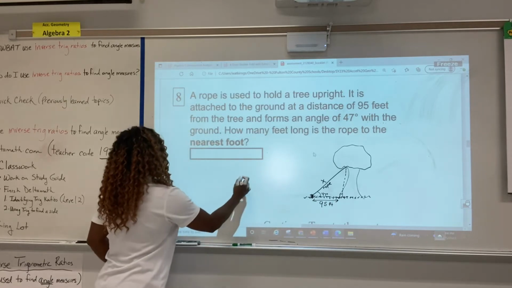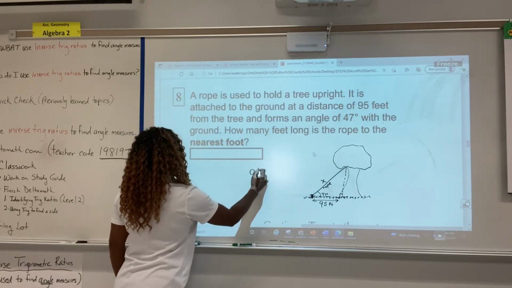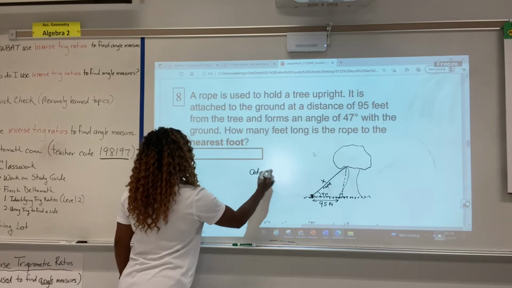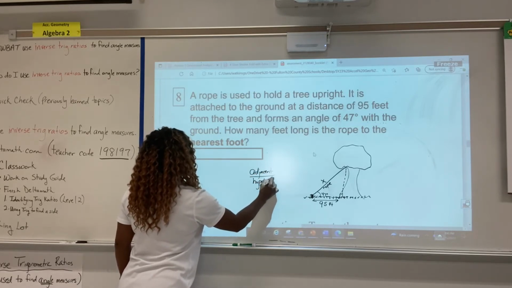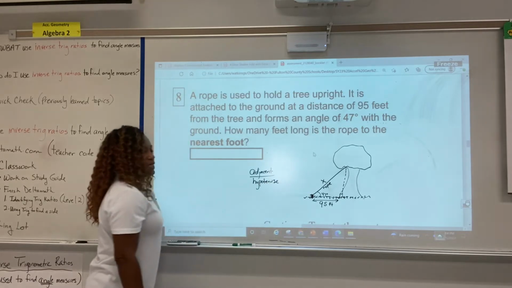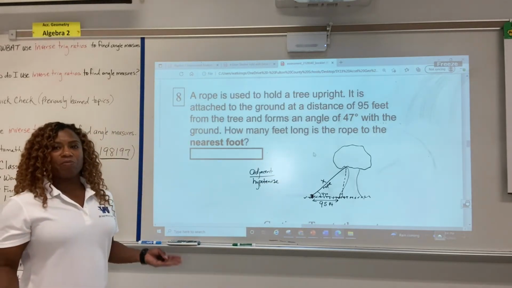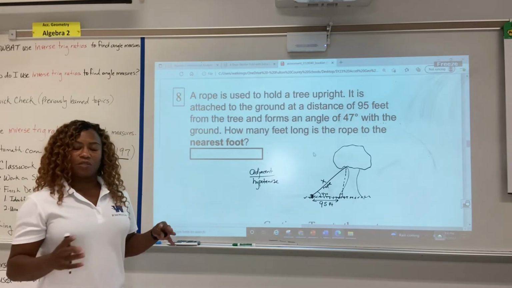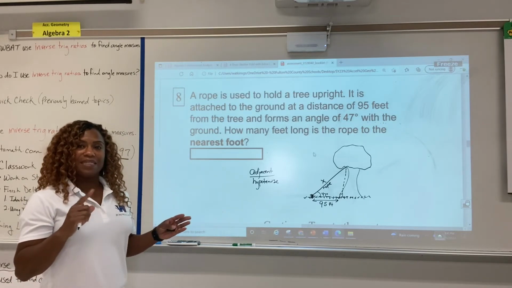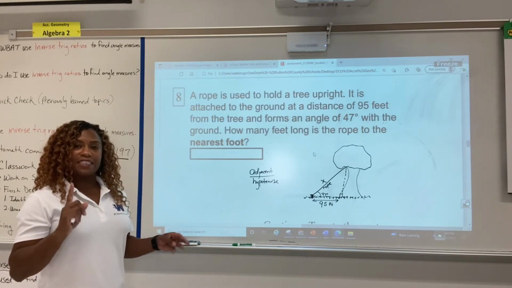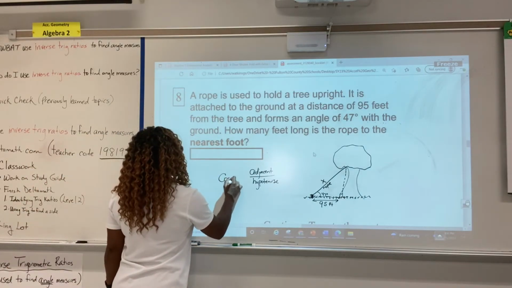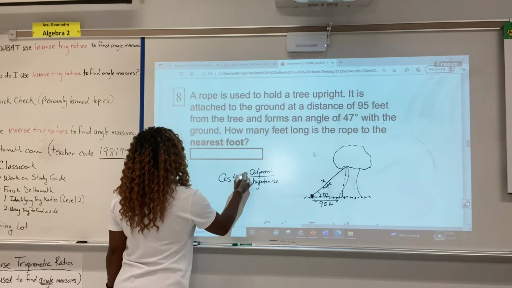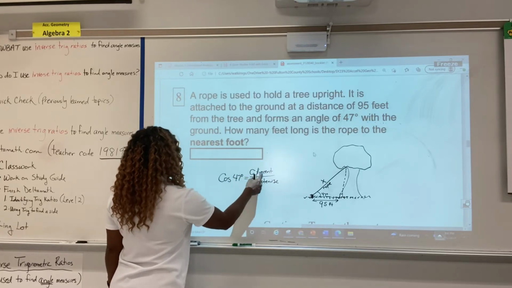So this tells me that I have a cosine. Remember SOHCAHTOA? The C is cosine, A is adjacent, H is hypotenuse. So I've got cosine of this 47 degree angle, which is this ratio.